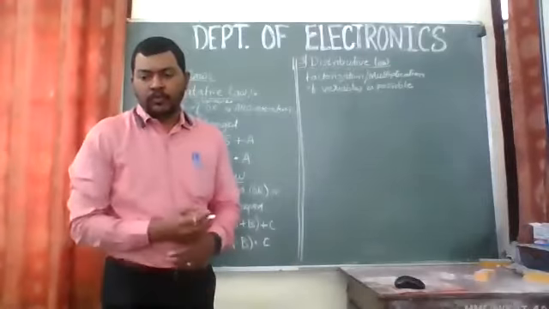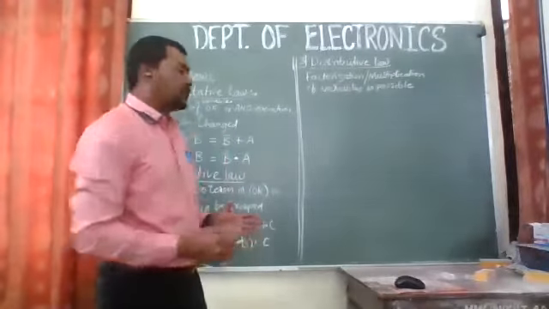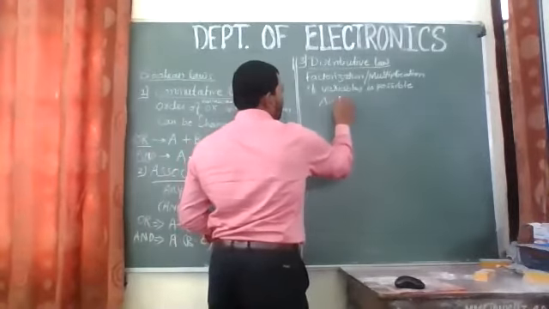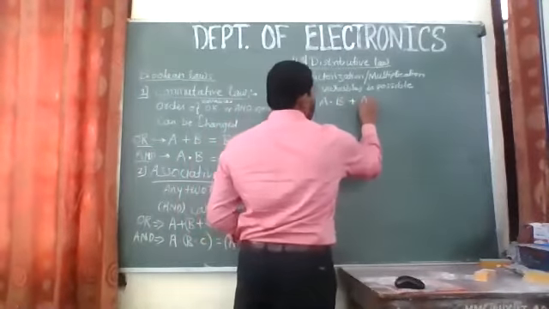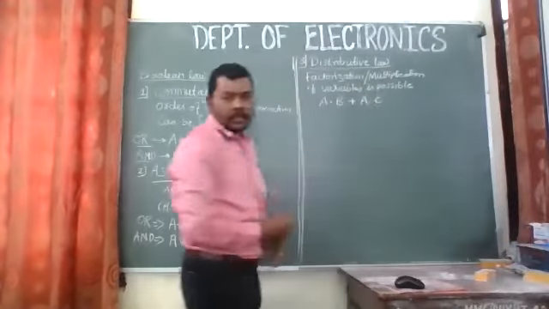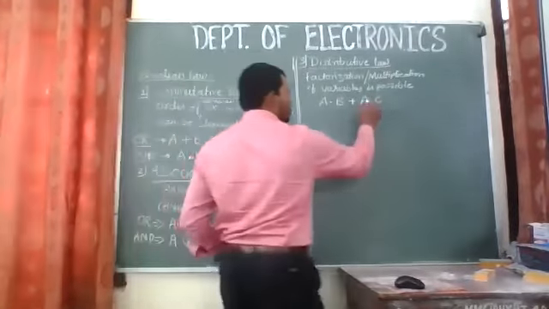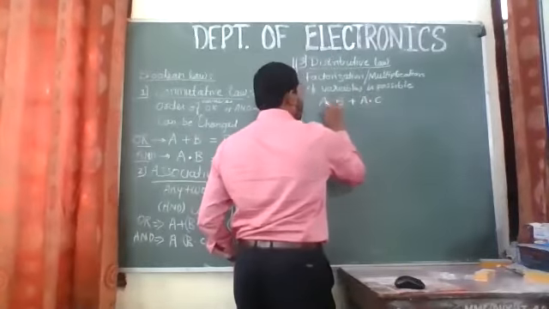Now, what am I going to tell you? Say we have A dot B plus A dot C. This is the equation.